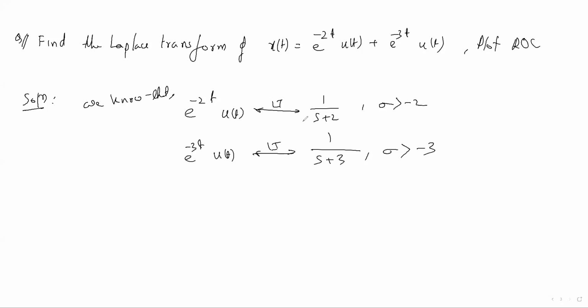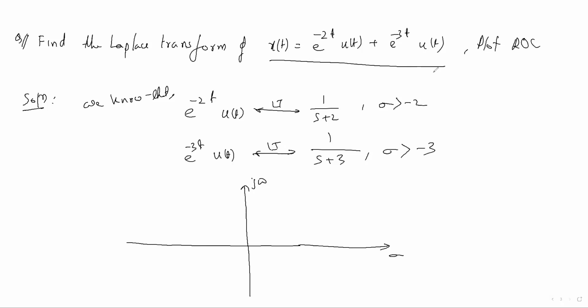So we have got the Laplace transform of this is this and this is that, and now come to the ROC. Okay, how can we plot the ROC? The x-axis is represented by sigma and the y-axis is represented by j omega, isn't it? Here for this signal, two signals are there, isn't it?